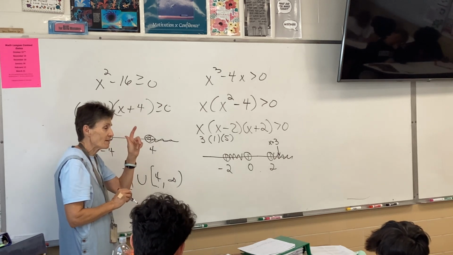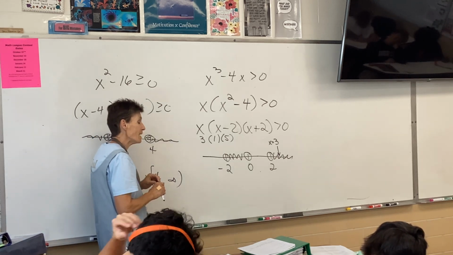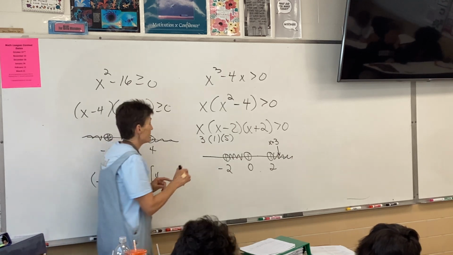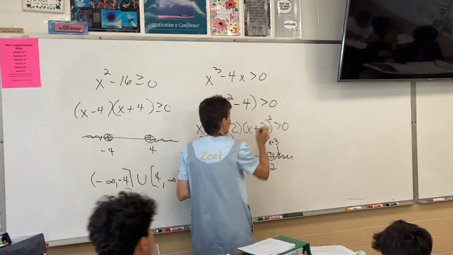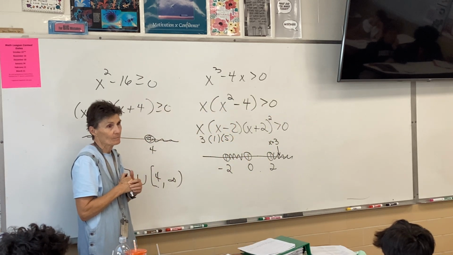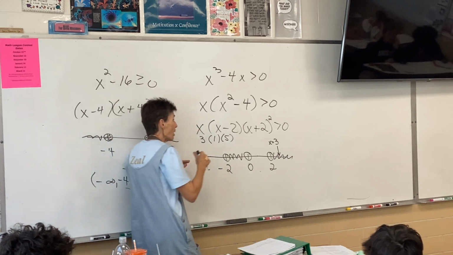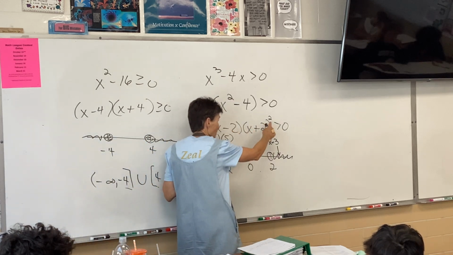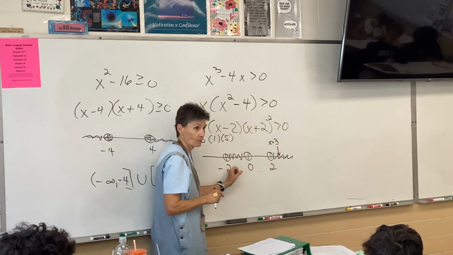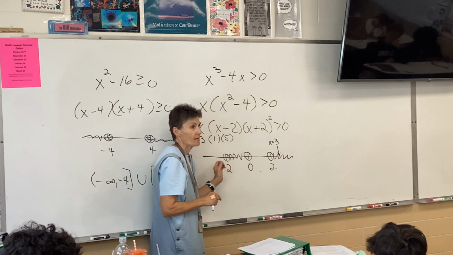Okay, I gotta qualify that always. When the shortcut won't work is when you have a problem that has a power on one of the factors. If you have a problem that looks like this, has a power on there, then you are gonna have to pick a number in each section because it won't alternate.